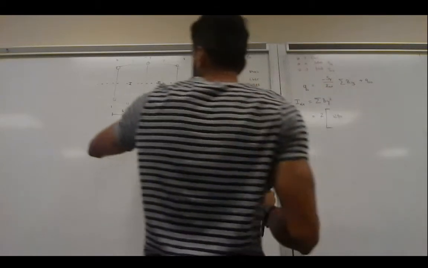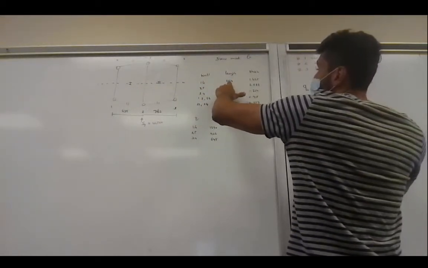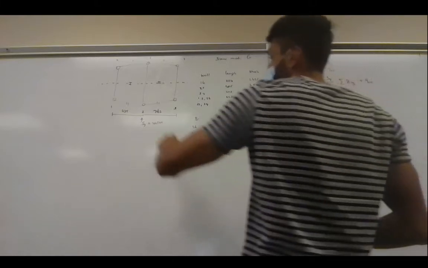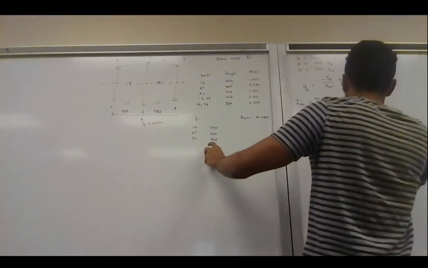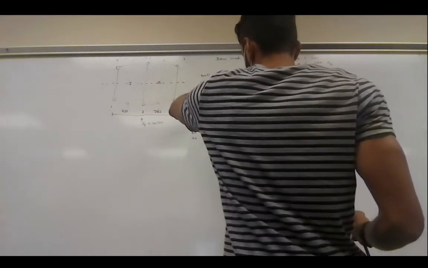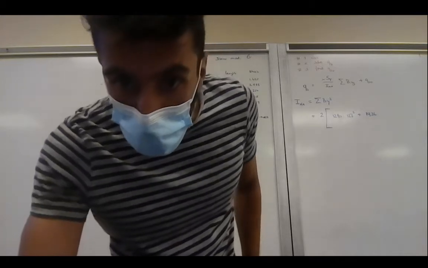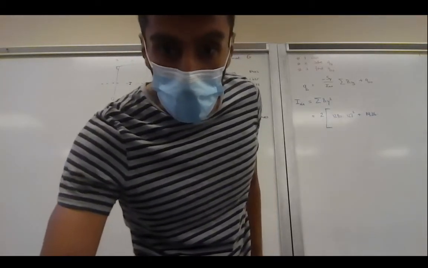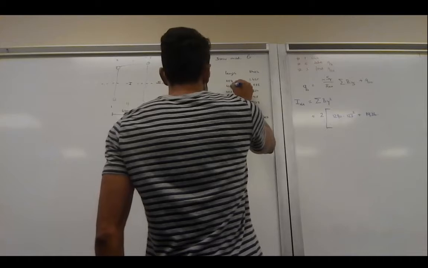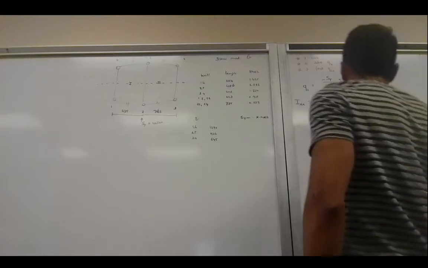The y distance is 254 over 2, so 127, squared, plus boom area 2, which is 1936, multiplied by 406 over 2, that's 203, squared.